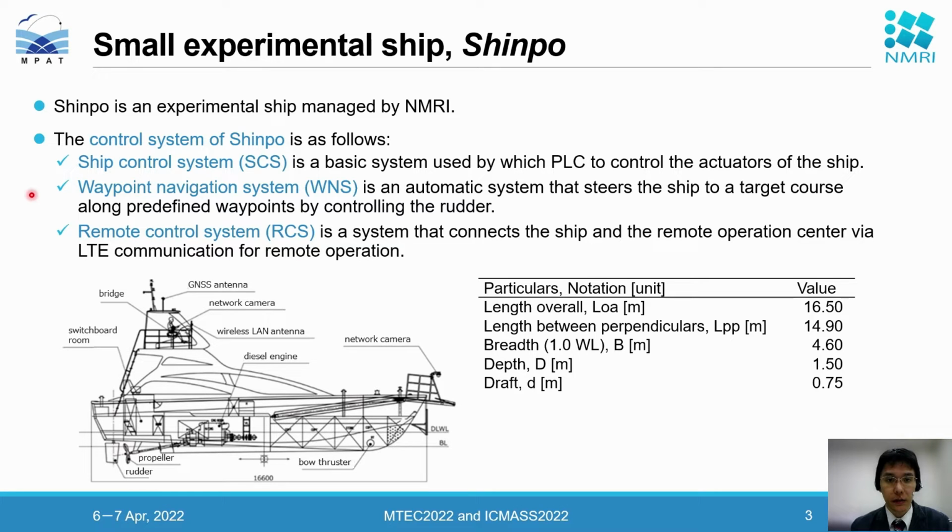This system automatically steers the ship to a target course along predefined waypoints by controlling the radar. The other system is the remote control system. This system connects the ship and the remote operation center via LTE communication to enable remote control.